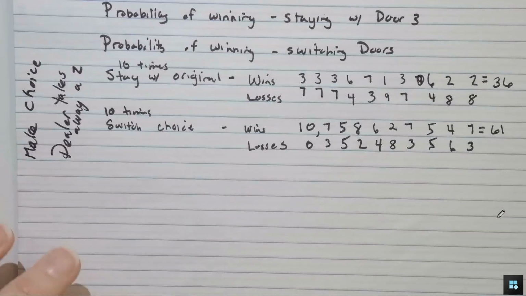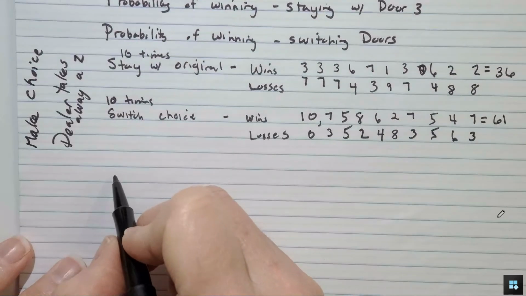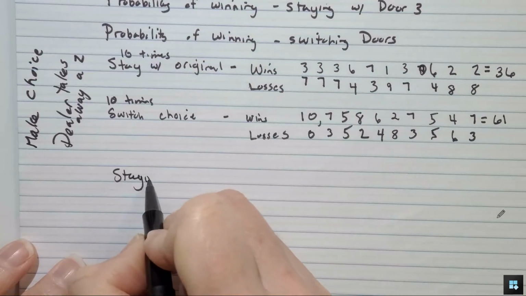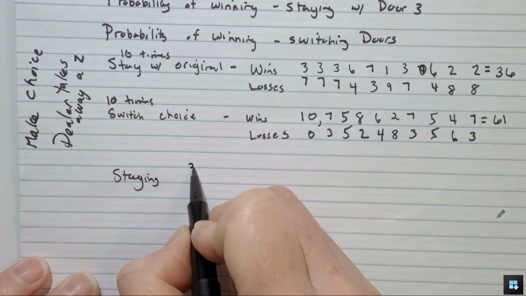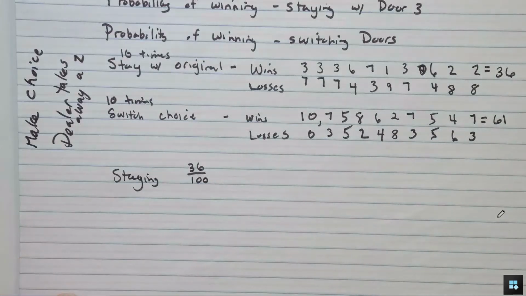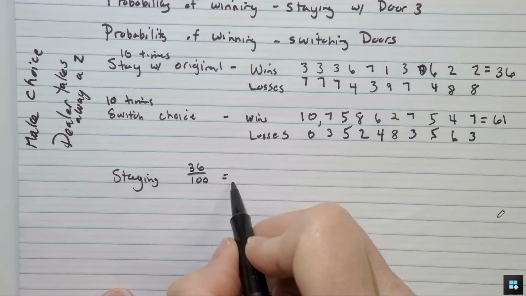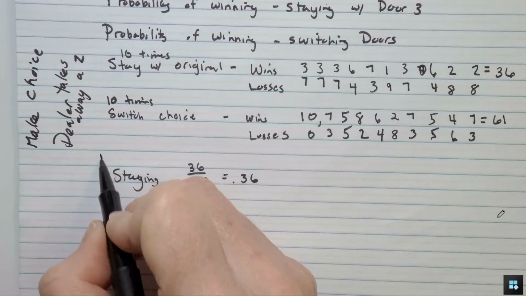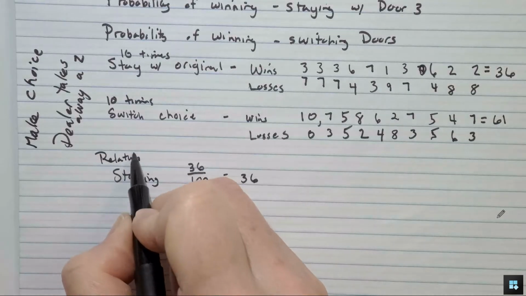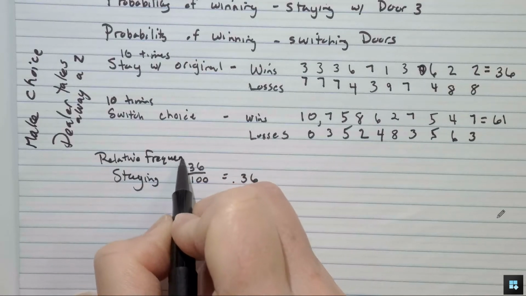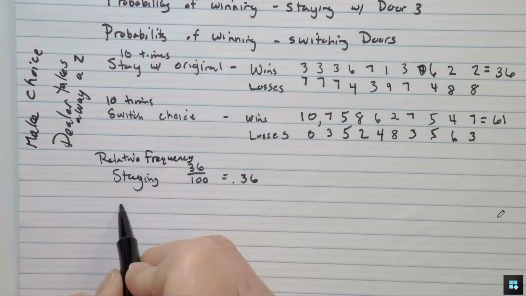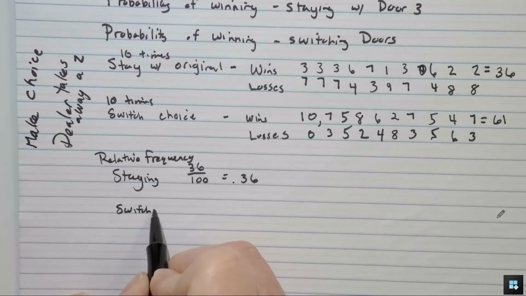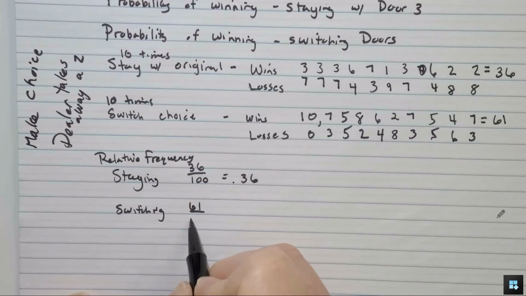So our relative frequency with staying was 36 out of 100 games between all 10 groups, or 0.36. Our relative frequency with switching was 61 out of 100.